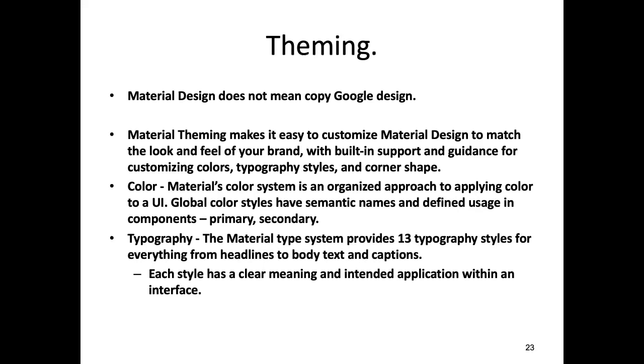In relation to typography, they actually defined 13 different typography styles, which really fit all possible scenarios. And you should pick a subset of those and use them across your pages, or at least the material design system is recommending this. Pick a small subset of typography styles and use them consistently across all of your pages. And we'll see that again in this module.